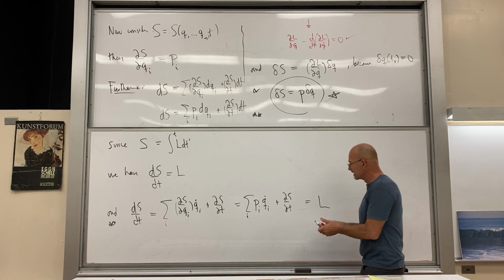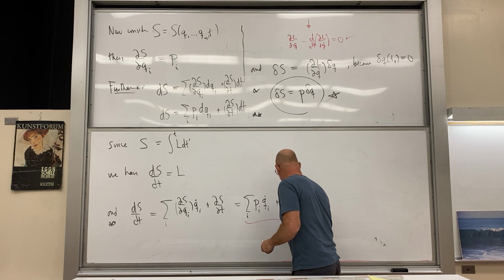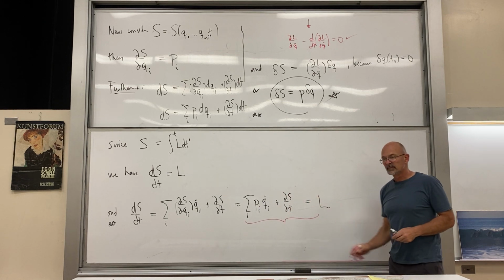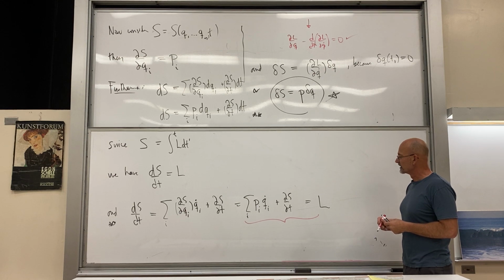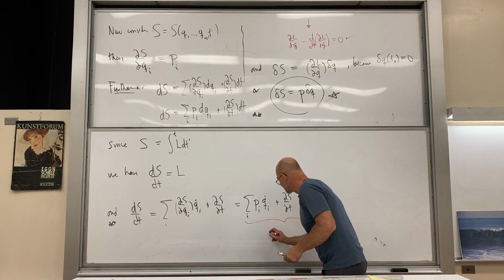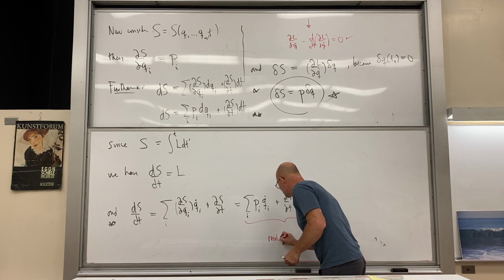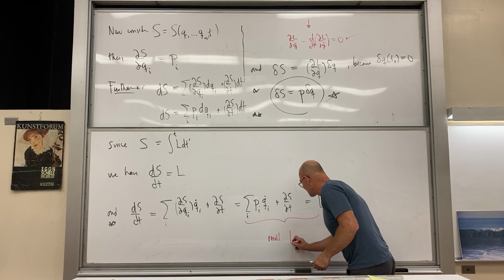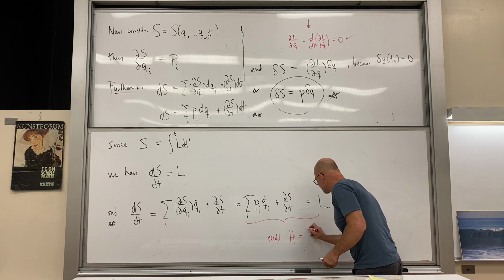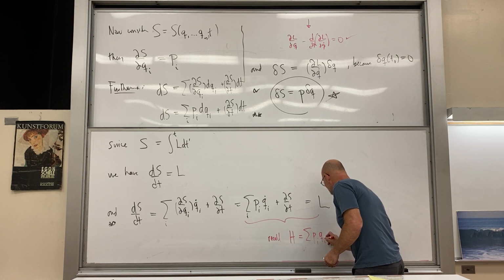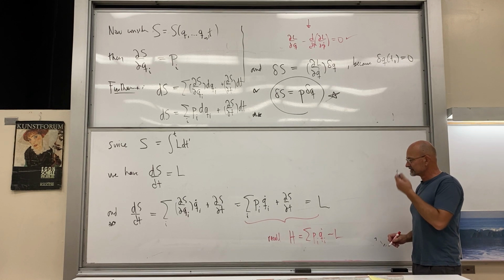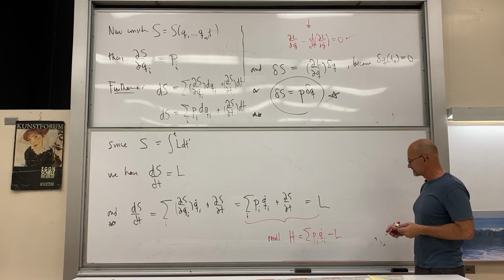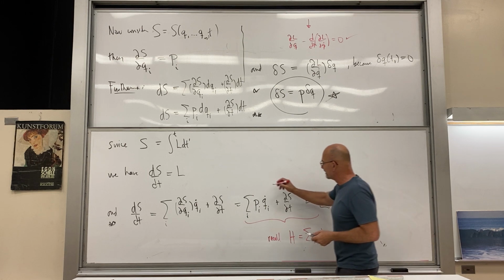So now let's look at this here. I'll probably work up on top because I got the room right there. But I'll write this here. Recall H is equal to the sum of pi q̇i minus L. So what do we have here?